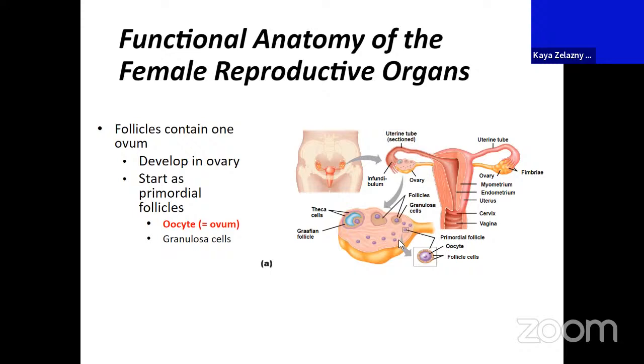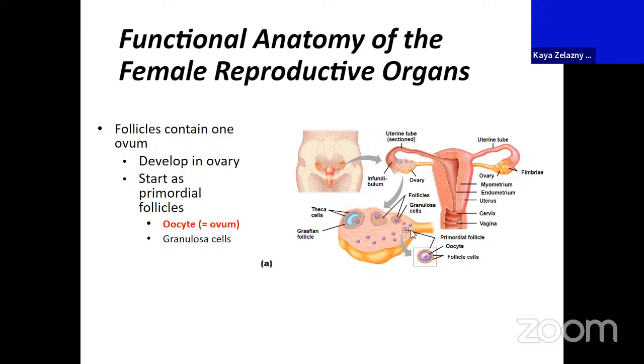And we're going to see them change in size, and change in the cells and structures that they contain. The follicles aren't just one cell, they're a collection of cells. This is going to be happening over the course of the menstrual cycle, again and again. These follicles are within the ovary, and each of them contains one ovum.